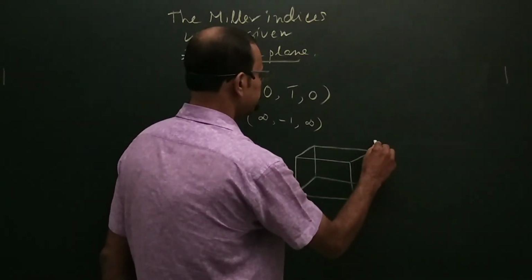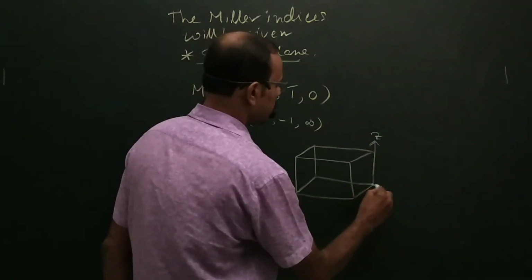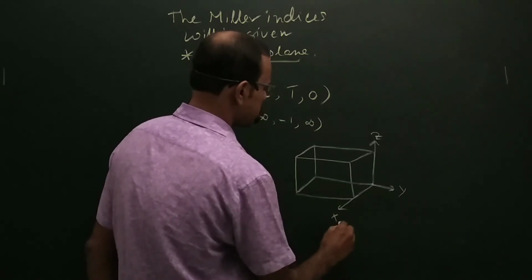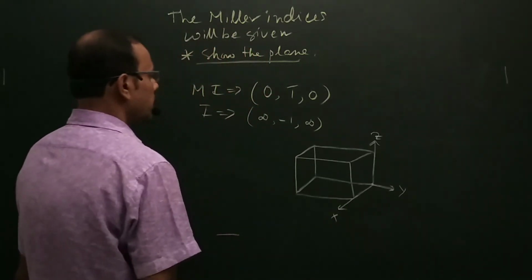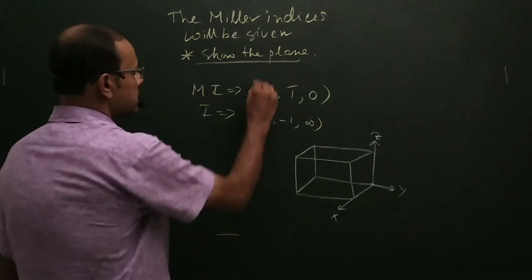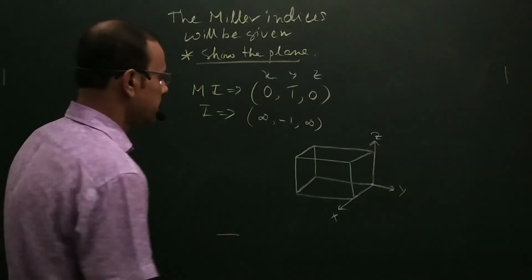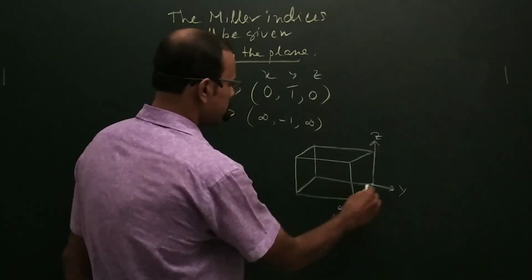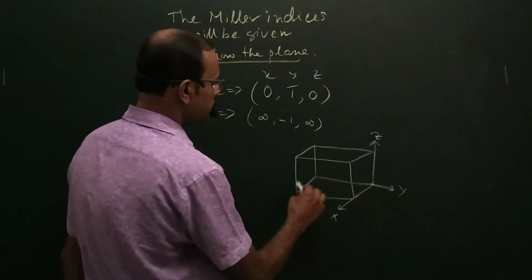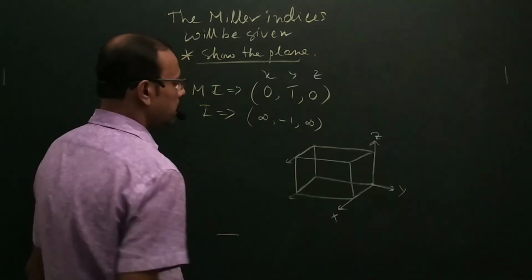This is, say, z-axis, this is y-axis, and this is x-axis. So the plane is parallel to x-axis. Parallel to x-axis means this is the x-axis, the plane will be parallel to x-axis. It will be this one, it will be this one, okay? This one or this one.